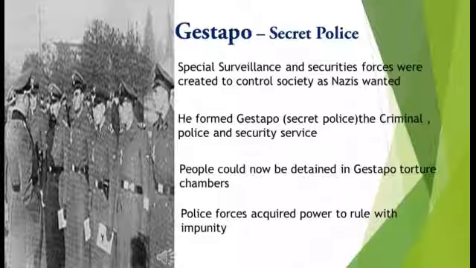It was the extra-constitutional powers of these newly organized forces that gave the Nazi state its reputation as the most dreaded criminal state. People could be detained in Gestapo torture chambers, rounded up and sent to concentration camps, deported at will, or arrested without any legal procedures. The police forces acquired power to rule with impunity.